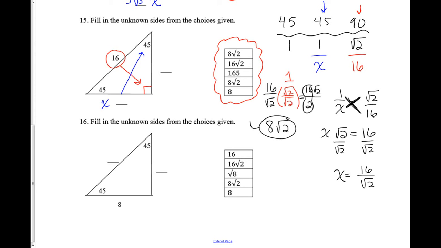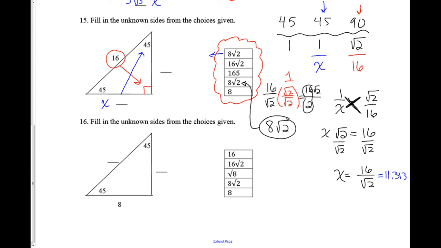Now, the other thing that we can do is we can simply use our calculator. So if we wanted to, we could calculate the value of 16 divided by square root 2. When I calculate that on my calculator, I get 11.313. So I can also come over to my answer bank, and I can calculate each answer.